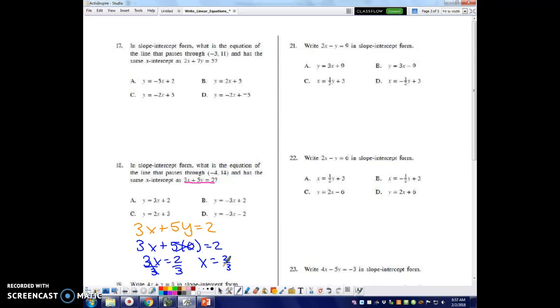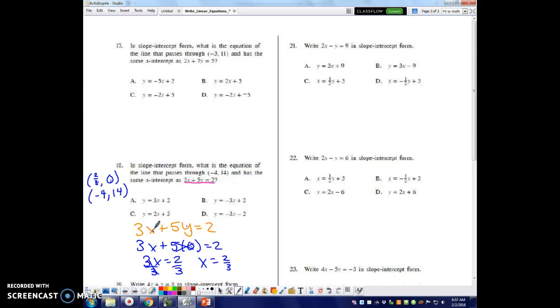So the x-intercept is 2/3 with y being 0. And the other point you have is negative 4, 14. And then just use stat. The reason this works is because y is 0. So when we did this, we were trying to figure out what x was when y was 0. So instead of putting y, we put 0. You can do the same thing with the y-intercept. If you want to find the y-intercept, make x 0.